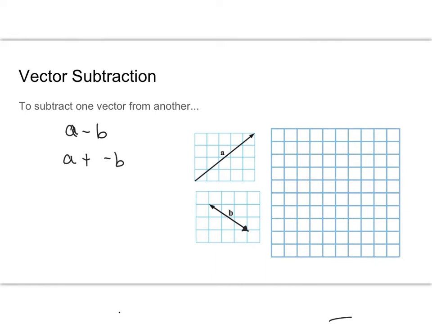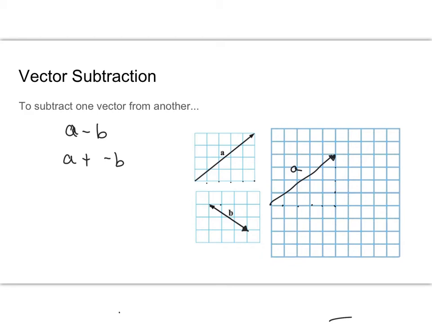So I start with a. I have to move over 1, 2, 3, 4, 5, and up 1, 2, 3, 4. So the arrowhead goes at the end. I have a. Now b, I'm going to make this the starting point and this the tip.